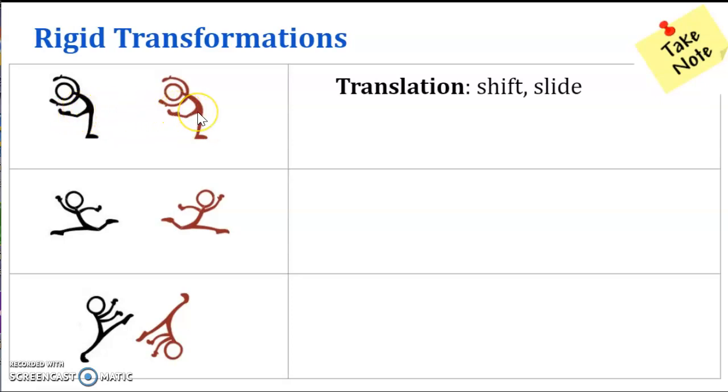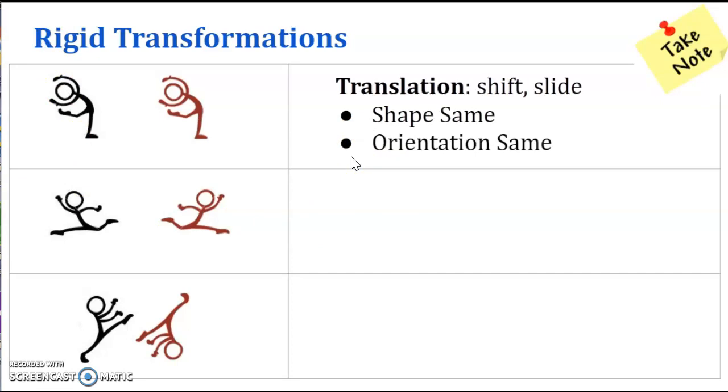It has been shifted to the right in this case. The only thing that is changed is location. The orientation stays the same, the size stays the same, and the shape stays the same. In fact, size and shape are the same for all of them. That's why we call it rigid transformation.